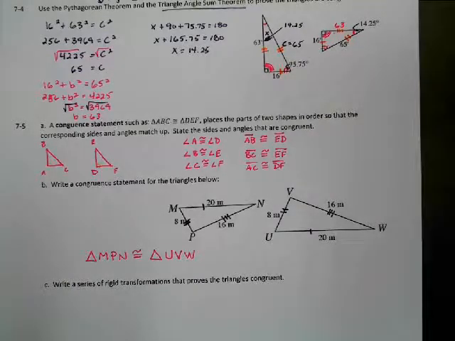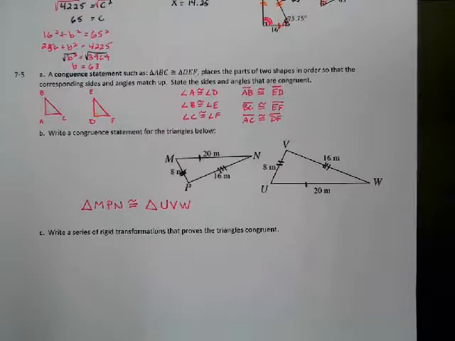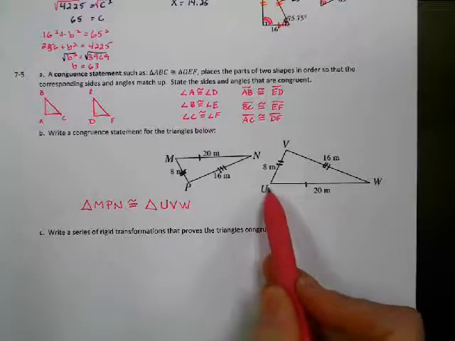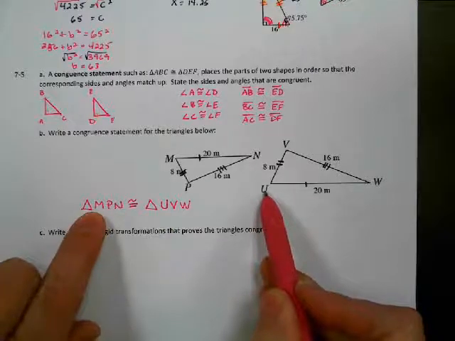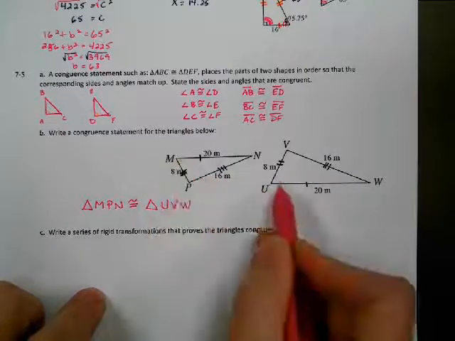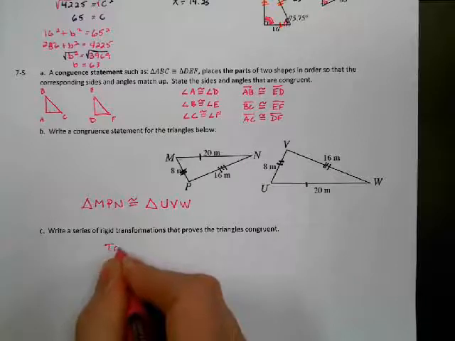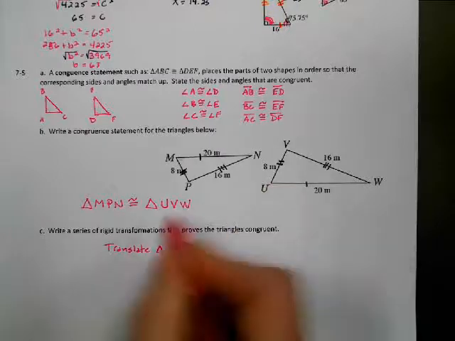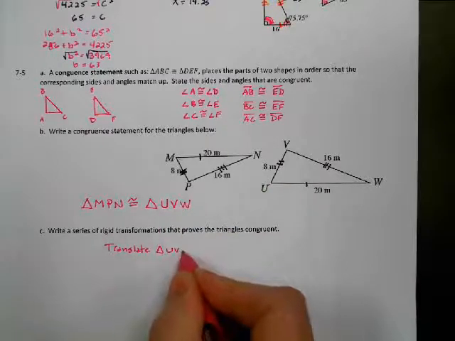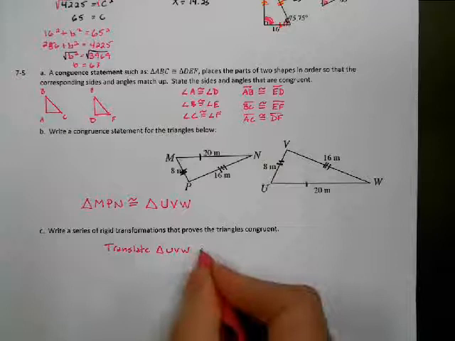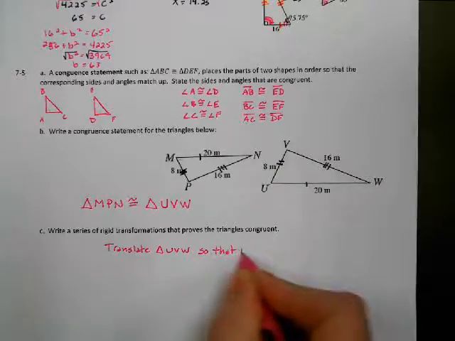If I were doing this, I'd say this angle U has to match up with M. So I would move the triangle from U to M. I'd translate triangle UVW so that U is on top of M. I'm going to drag this to this spot here.